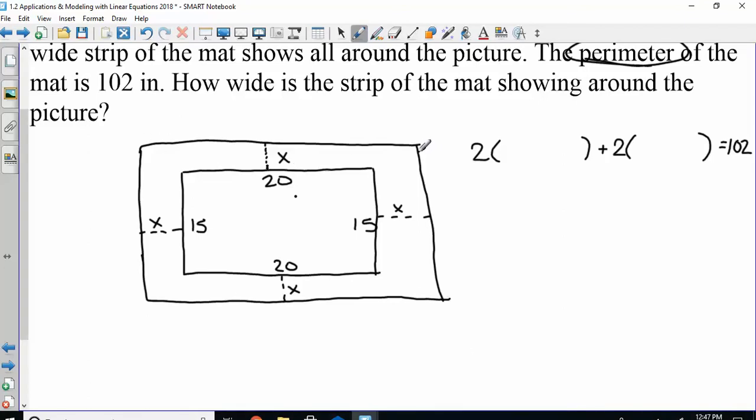What is this length? We know from here until here, it's a distance of x. From here to here, it's a distance of 20. And from here to here, it's a distance of x.